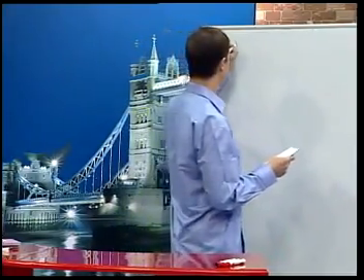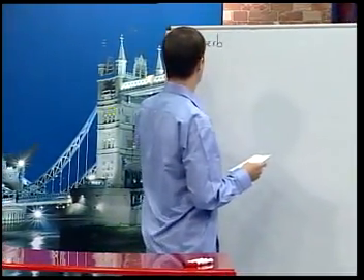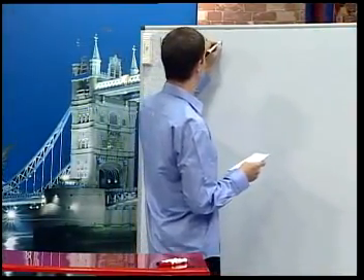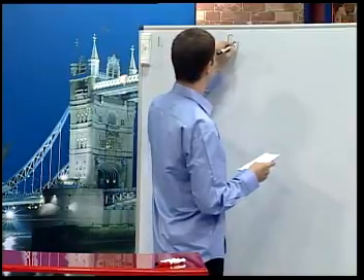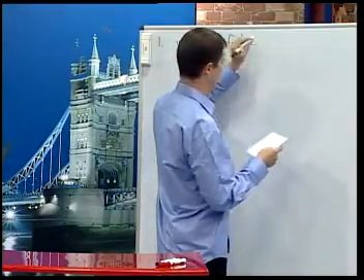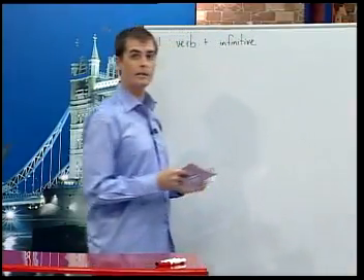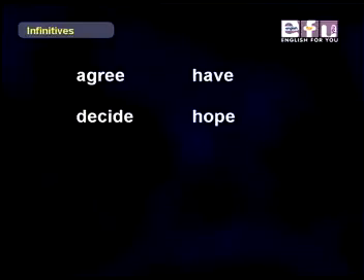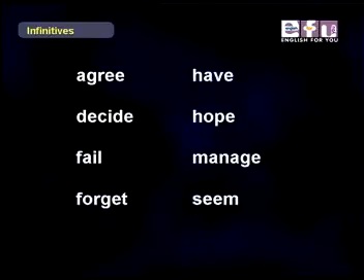So we have one example: verb plus infinitive. Some examples of these verbs are agree, have, decide, hope, fail, manage, forget, and seem.